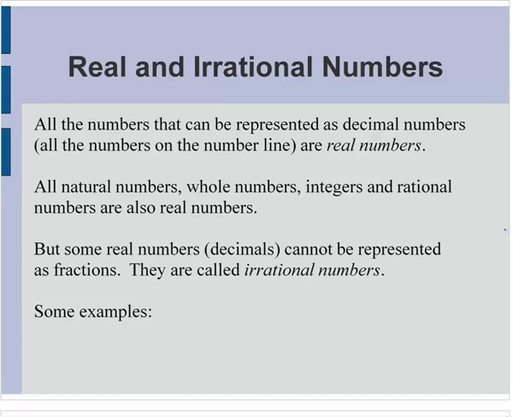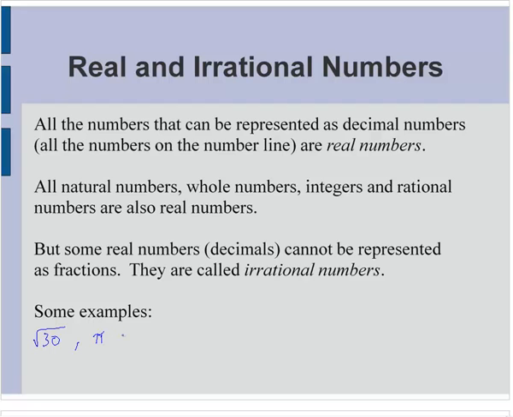However, some real numbers cannot be represented as fractions. They are called irrational numbers. So for example, the square root of 30 is irrational. We just showed that it could not be represented as a decimal number that ended or repeated, so it is therefore irrational.